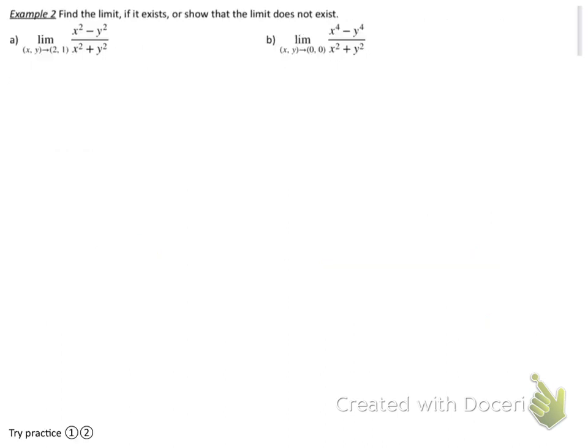Next two examples, we are going to find the limit or show that the limit does not exist. So first example, we are looking at the same function, x squared minus y squared over x squared plus y squared, and this time (x, y) approaches (2, 1), which is in the domain of our rational function.